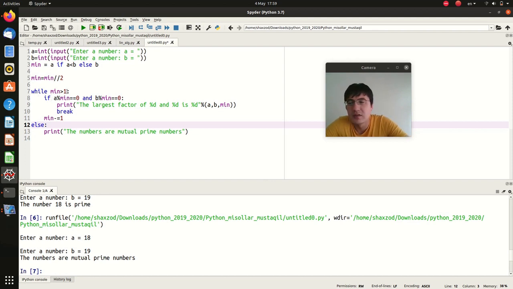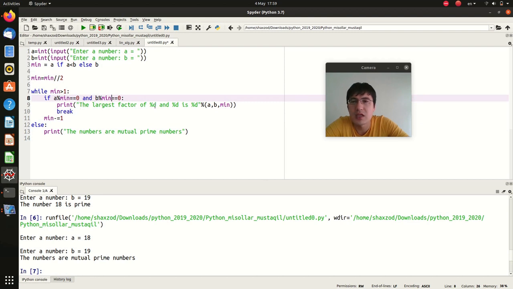We will begin to check if A is divided by minimum, and at the same time B is divided by minimum. If both these statements are true, it means minimum is a divisor of two numbers.